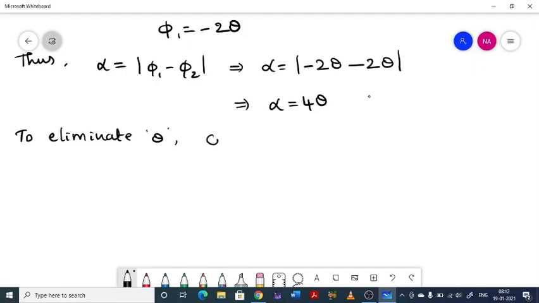It is given r square sin 2 theta equal to 4 and r square equal to 16 sin 2 theta.